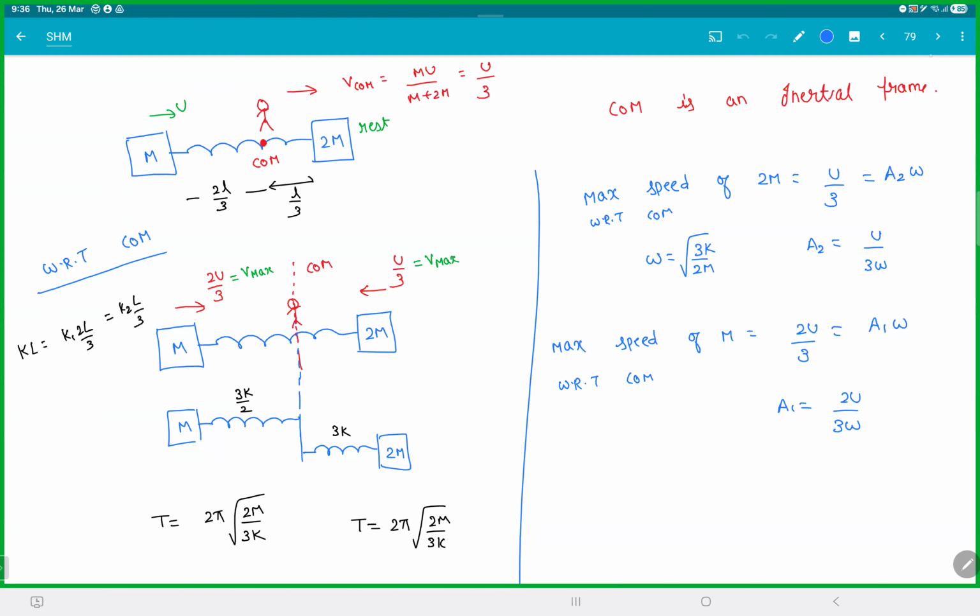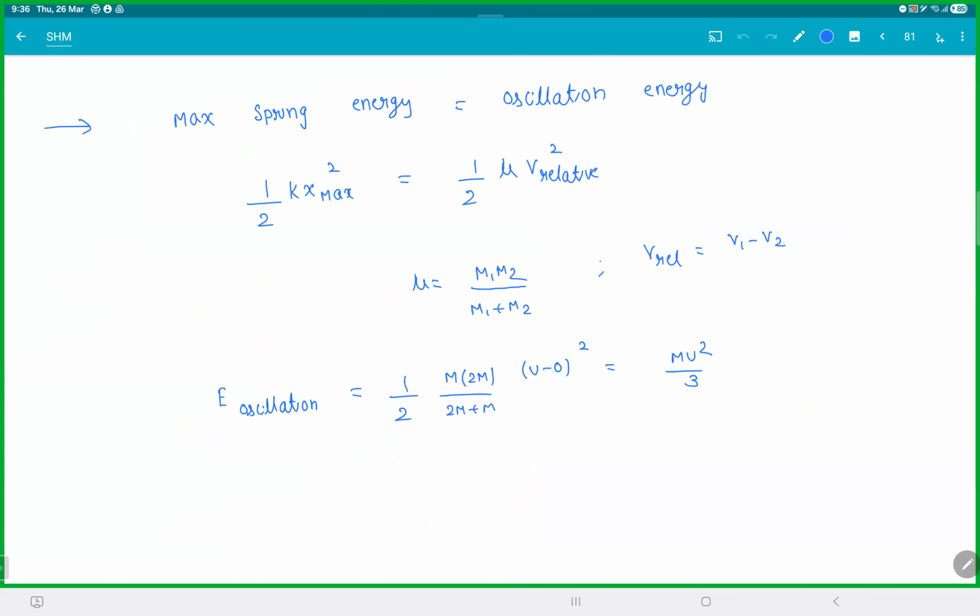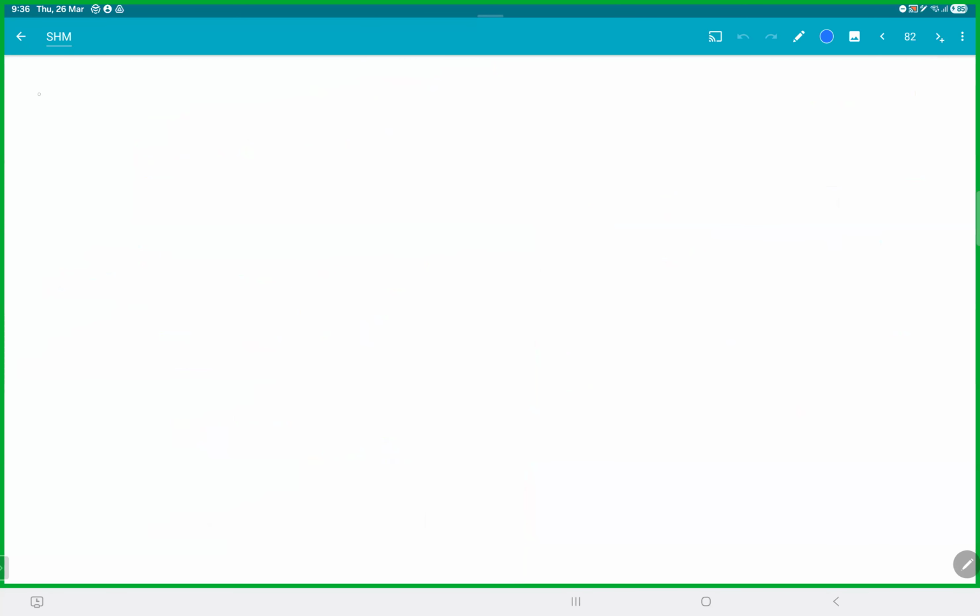You know the equation of SHM? So how do we do that? See, for the D part, the coordinates. This is the center of mass. Okay. Now for this block, this is the mean position.